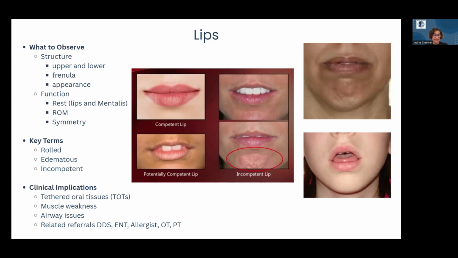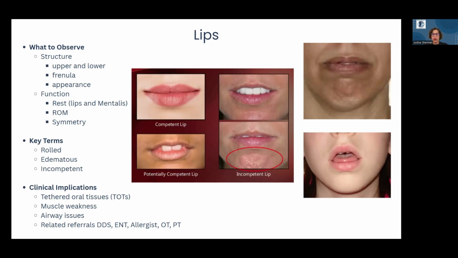Lip mobility is essential for accurate bilabial sounds, for pressure generating sounds, for swallowing, and for airflow control during speech. So poor grading of the lips, where they can't control the movement, will cause imprecise consonants or difficulty managing liquids. And asymmetry may suggest unilateral weakness or some sort of neuromotor involvement.